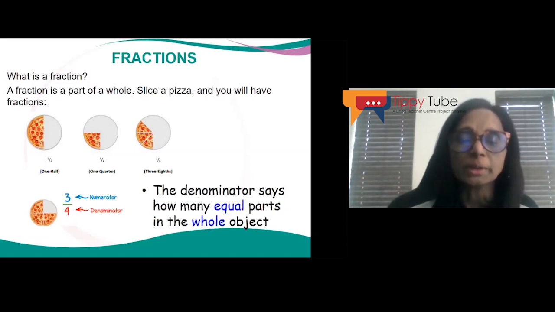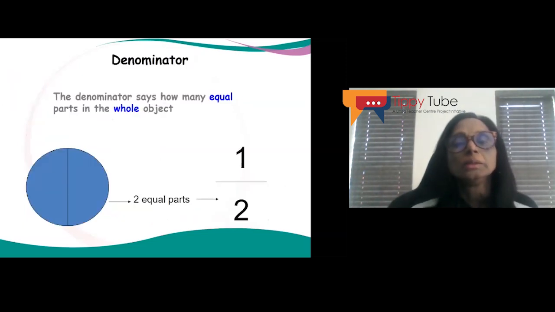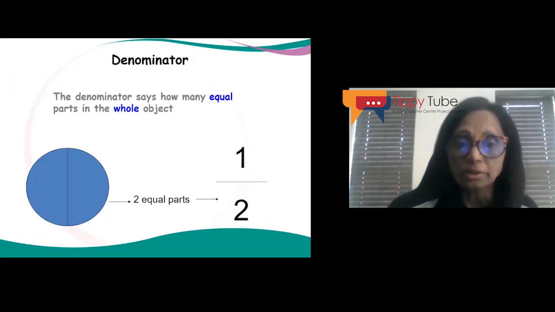The top number is called the numerator. The bottom number is called the denominator. The denominator says how many equal parts in the whole object. The denominator says exactly how many equal parts in the whole object. Now let's look at this diagram here.